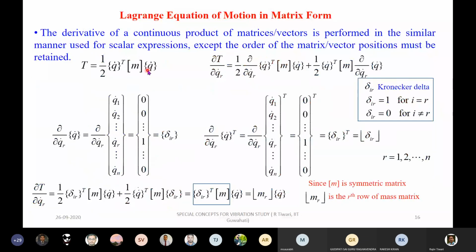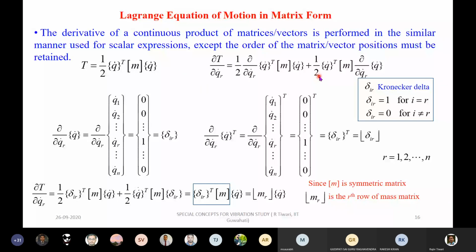When I differentiate the kinetic energy with respect to the velocity, because the kinetic energy contains two velocity terms in product form, the first differentiation gives the mass matrix with the other vector as it is, and then the second vector gets differentiated with respect to the velocity. Because this is a product form, two terms will come from this.